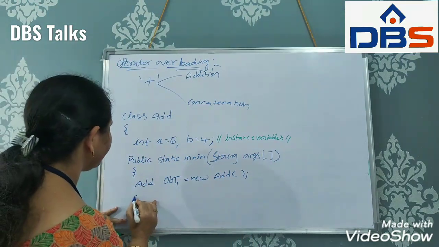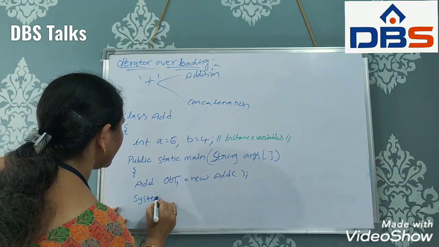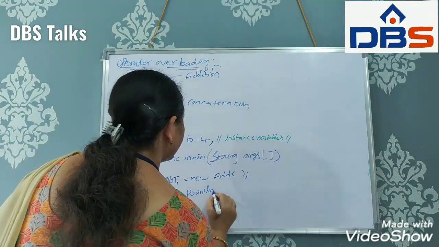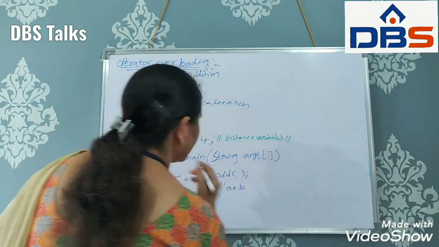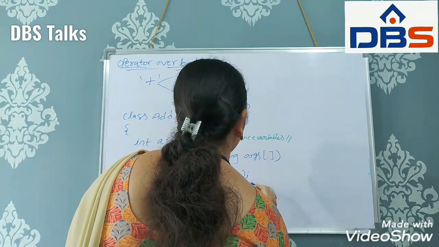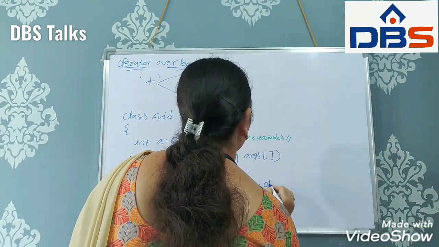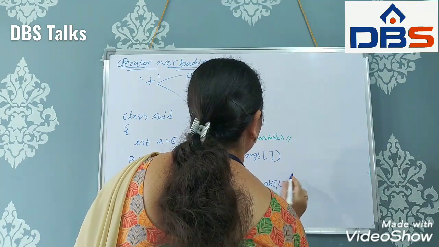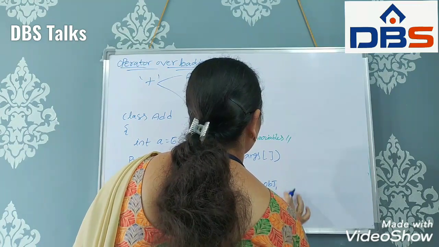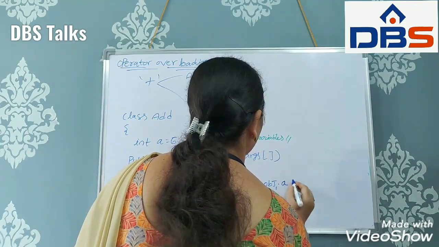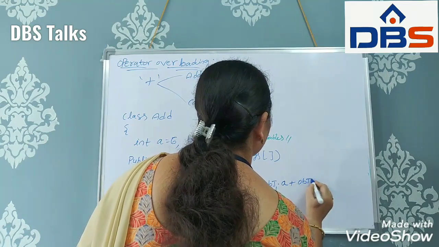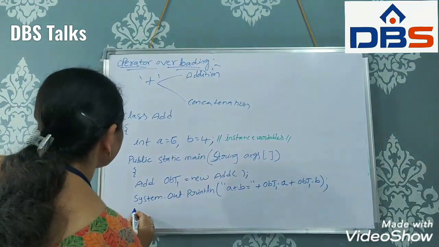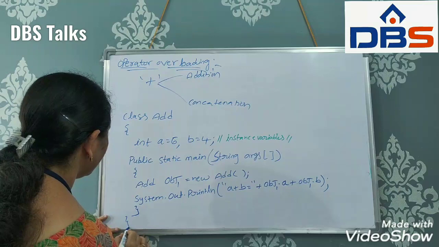According to this, System.out.println. Here I want to perform the addition operation, that is a plus b equal to plus obj1.a plus obj1.b. Then close the main method and the main class.